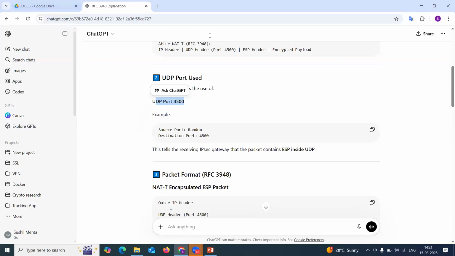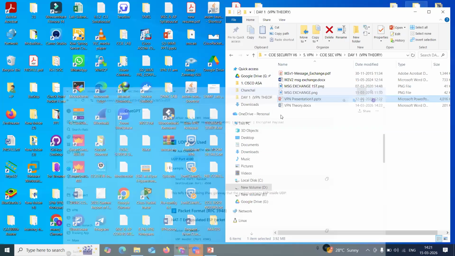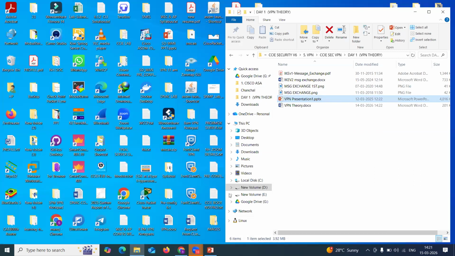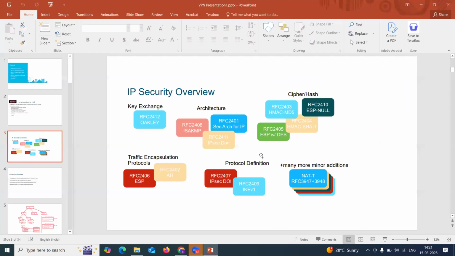What I'm trying to tell you is, while learning IPsec, you can refer to these RFC numbers and know the details.